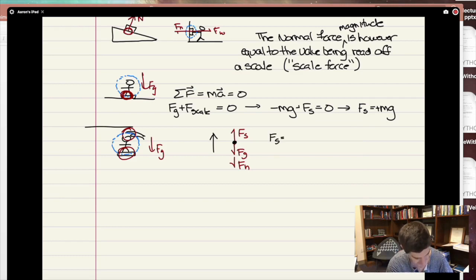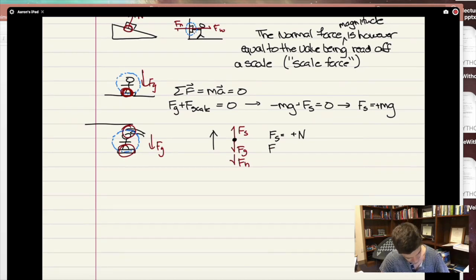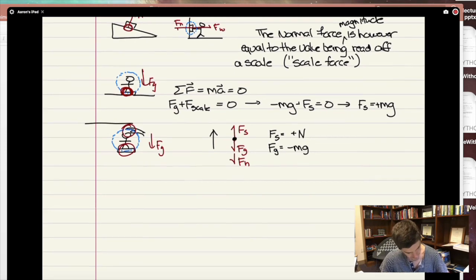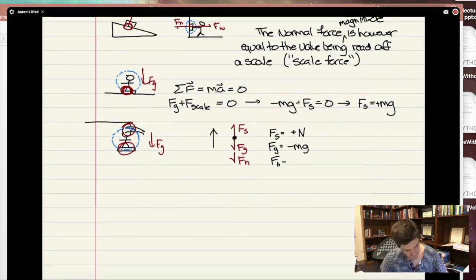Right, so I'll say force of the scale might be plus F, or I'll use the book notation. I'll say it's plus N. The force due to gravity is minus mg. And the force from the hand, I don't know how hard your friend is pushing you, but I know they're pushing you down, so I'll write this as negative F hand, say.